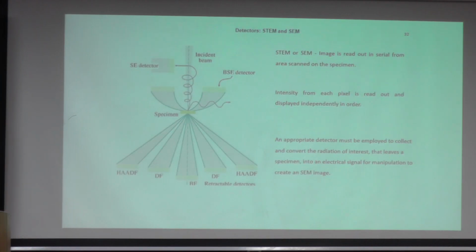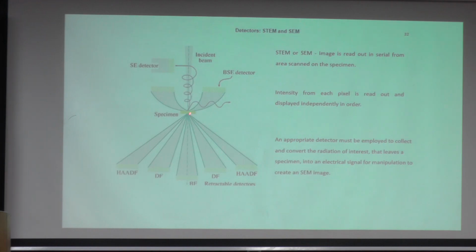Now, if you want to use scanning transmission electron microscopy, then they use detectors instead of CCD cameras, and there are different types of detectors situated underneath the specimen. Here the intensity which comes from the specimen is recorded pixel by pixel by such detectors.